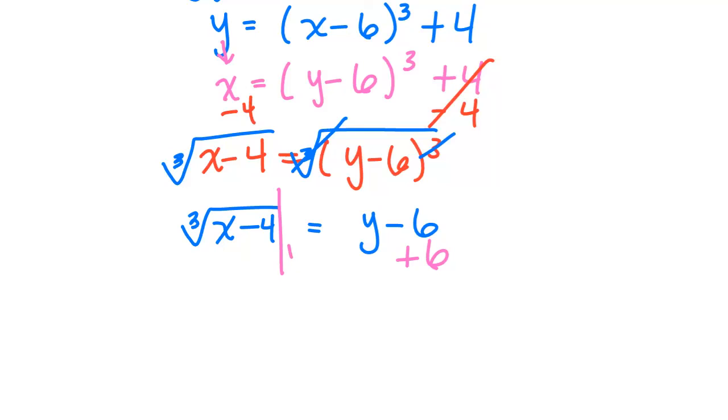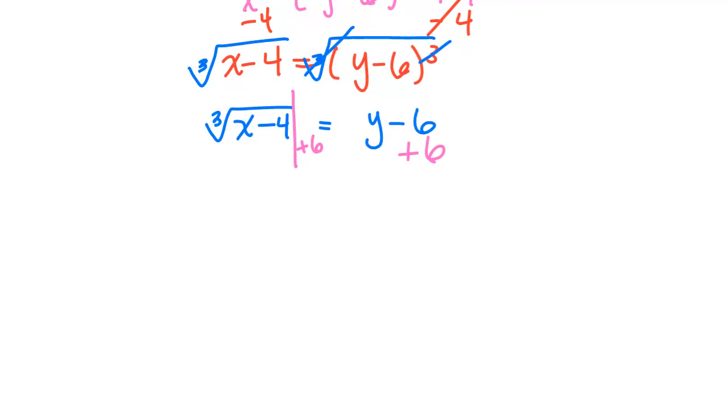Then you add the 6 on the outside of the radical, okay? You cannot add the 6 to the -4 because the -4 is under the cube root, okay? So this is really the cube root of x minus 4 with the plus 6 on the outside, and that equals y on this side.